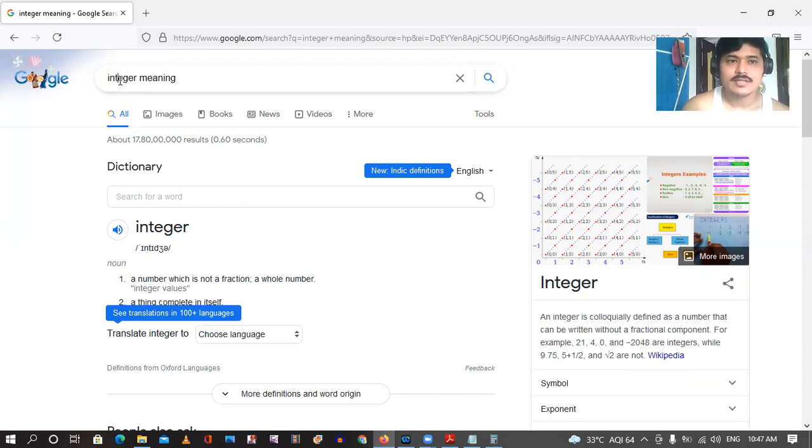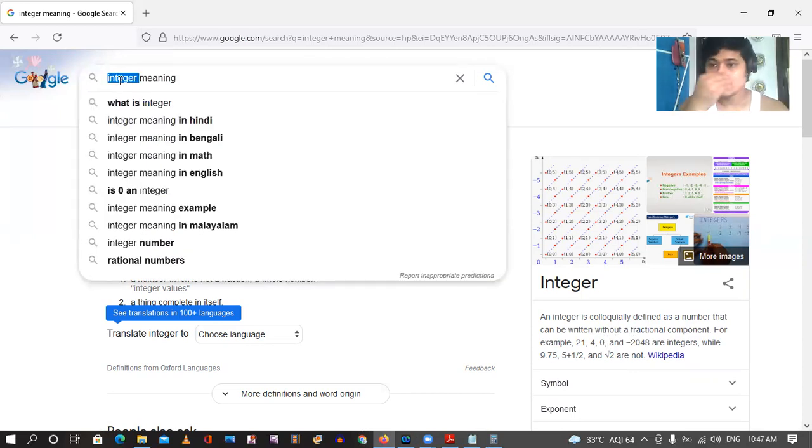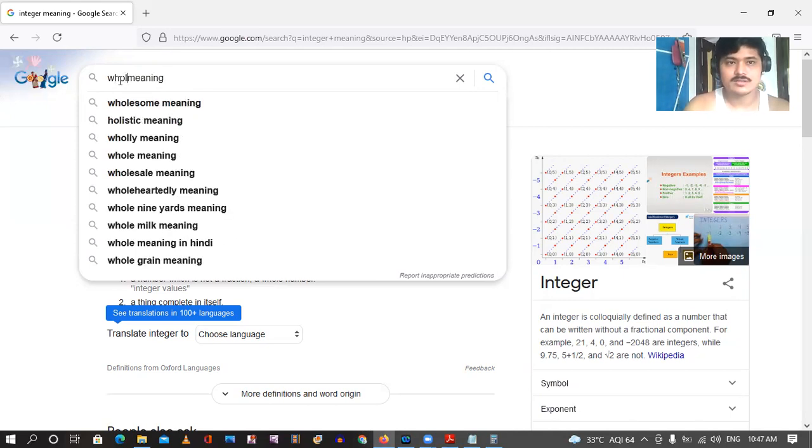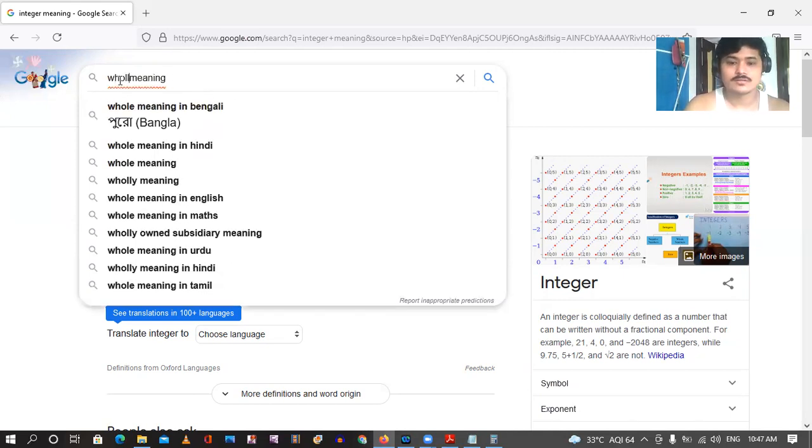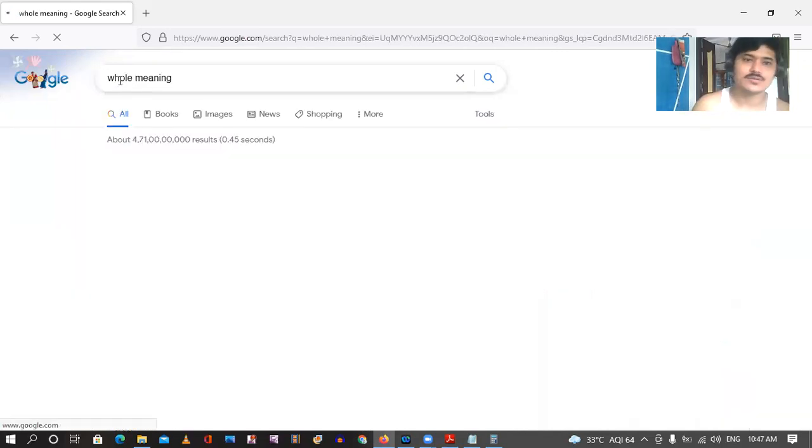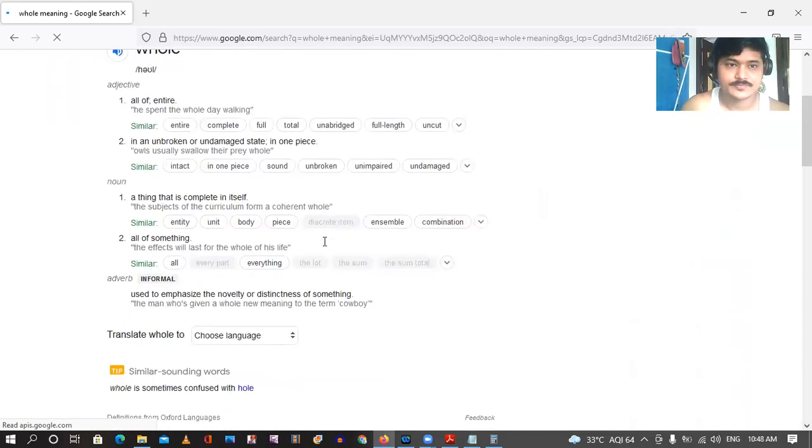Now let's say what is the whole number. Integer was also a kind of whole number, but it was from positive to negative. It should not be a fraction, it should be a whole number. Then what is the difference between integer and whole number? Let's see.